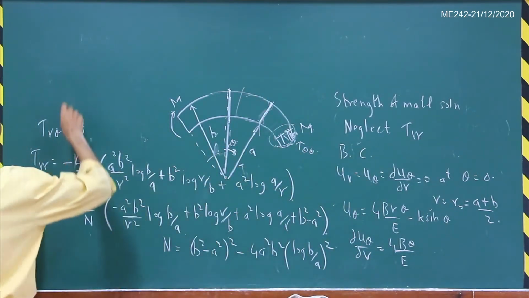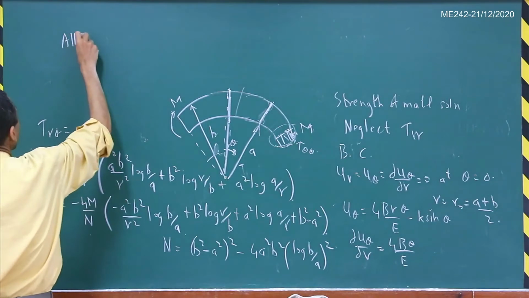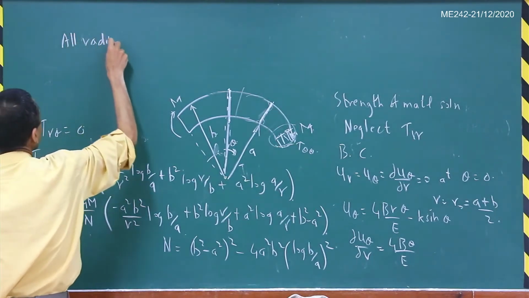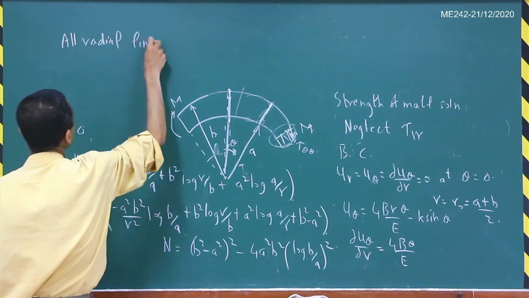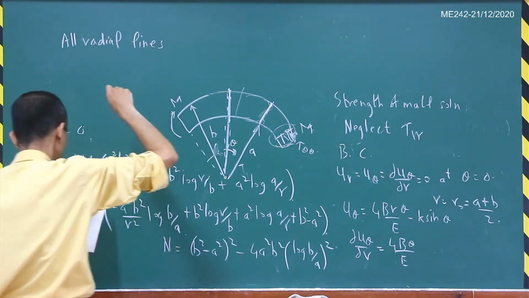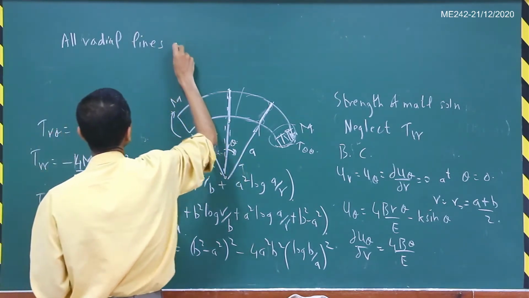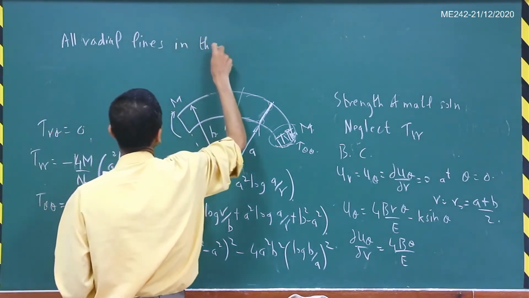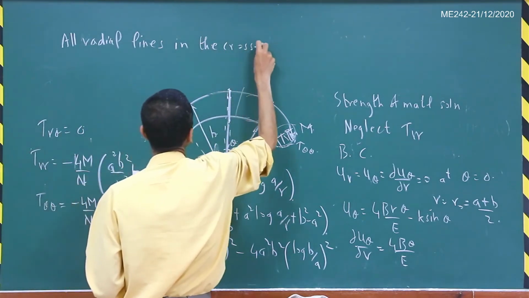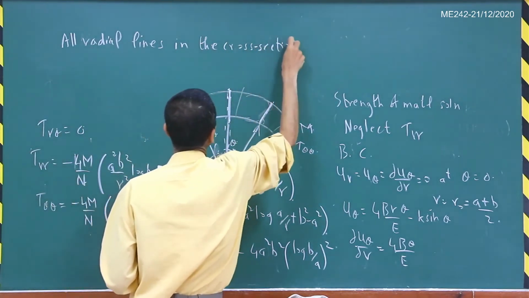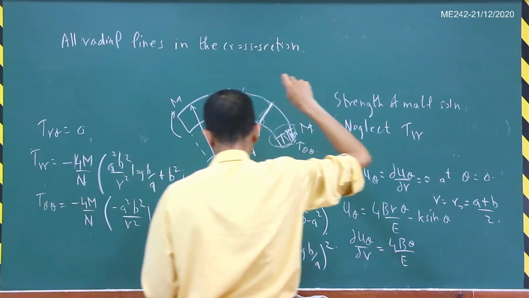All radial lines in the cross section have the same angle of rotation.